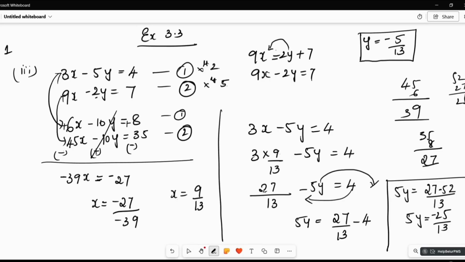So 3 into 9 is 27. 27 by 13 minus 5y is equal to 4. Now minus 5y, transpose to the other side, it will become plus 5y. If you want, you can write another step like this. Now 5y is equal to 27 by 13 minus 4. Simplify this, you will get the y.